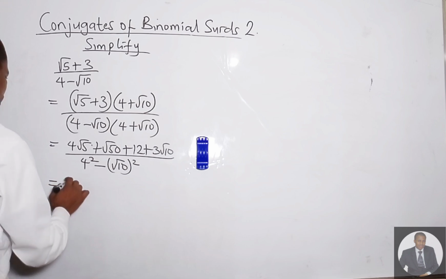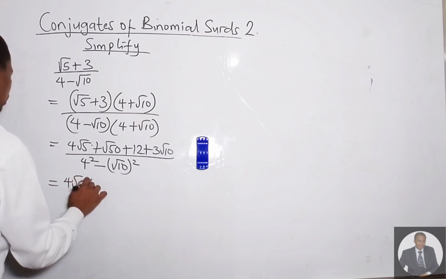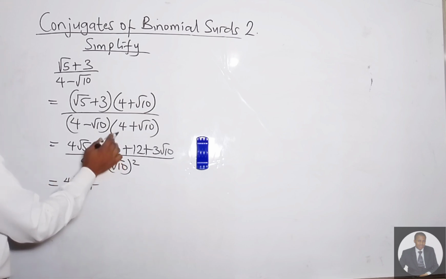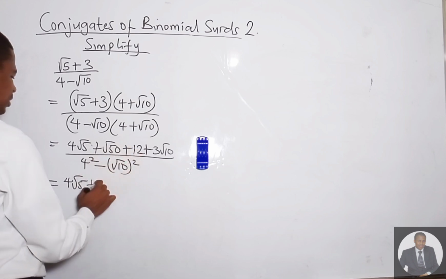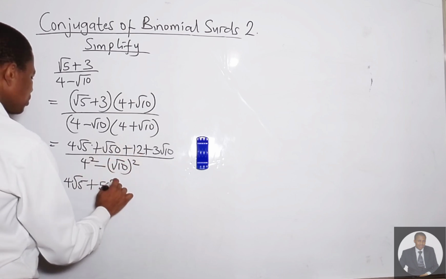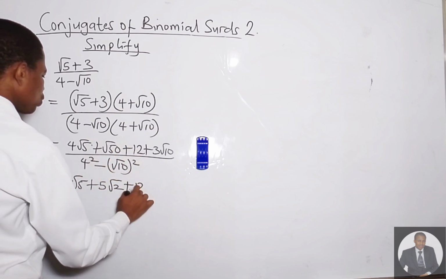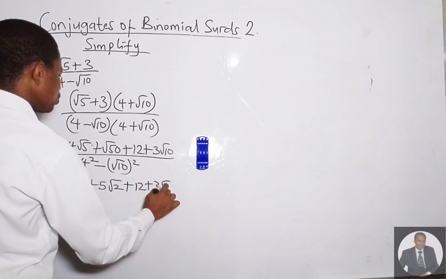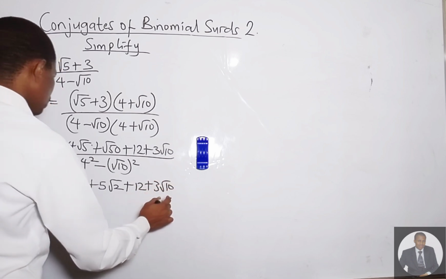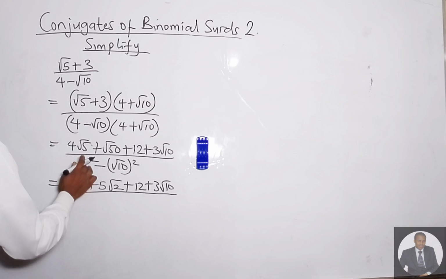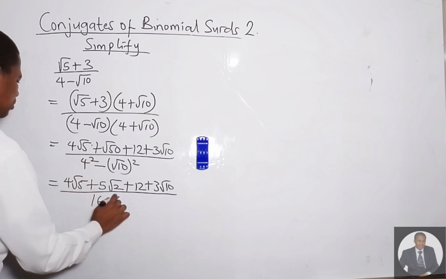So let's simplify. What do we have? 4 root 5. Root 50 is the same thing as root 25 times 5, that's 5 root 2, plus 12 plus 3 root 10, over 4 times 4, 16, minus 10.